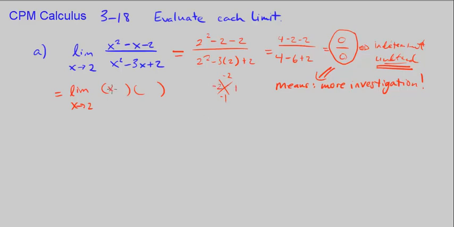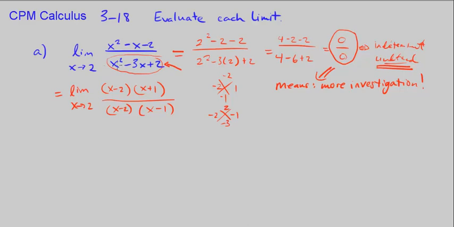So it's going to be x minus 2 and x plus 1 over, and then again you can use this method: multiply two numbers to get positive 2 and add them to get negative 3, and that would be negative 2 and negative 1, over x minus 2 times x minus 1.